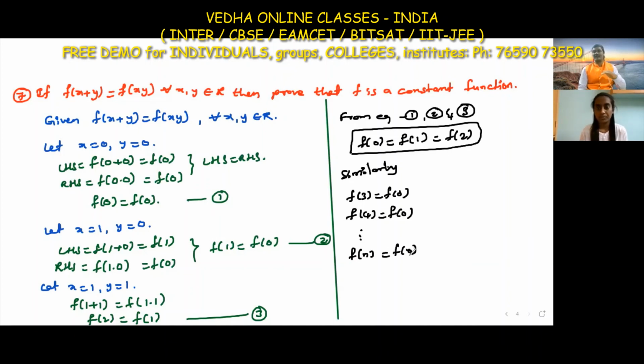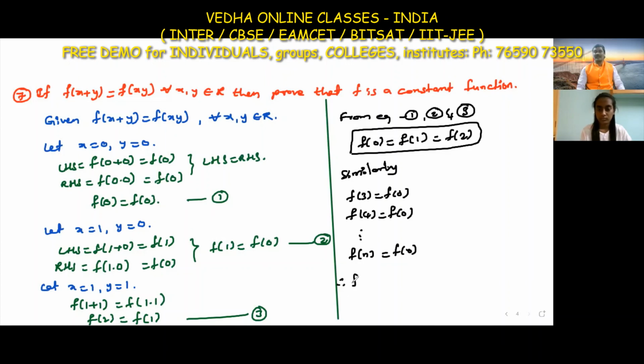All of these are equal to f(0). Whatever elements we take, the image is the same. We are getting the same image for all the elements, so that is nothing but a constant function.